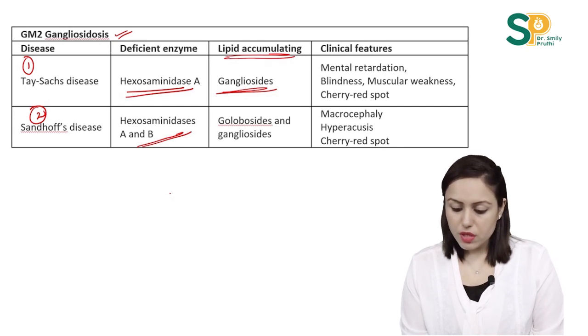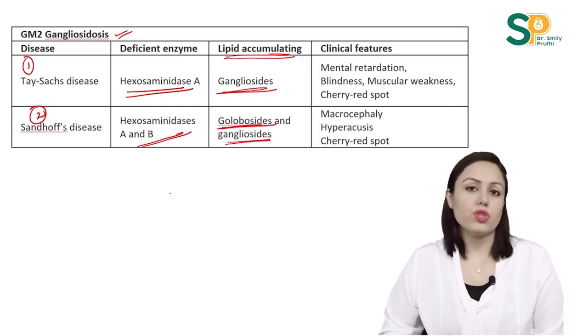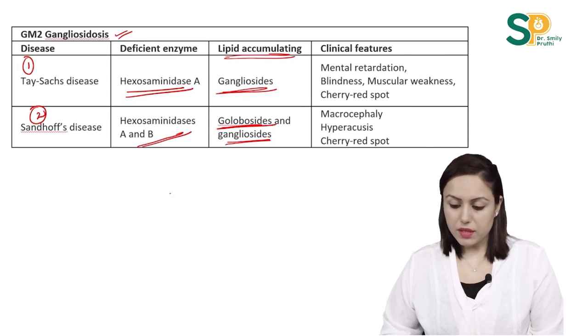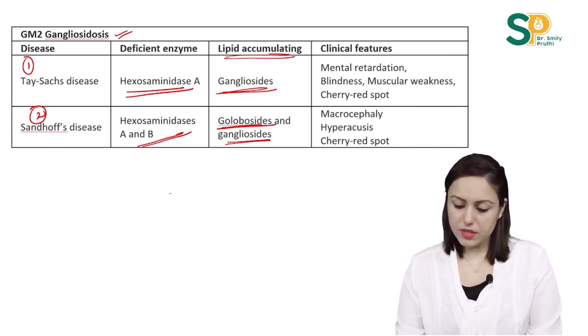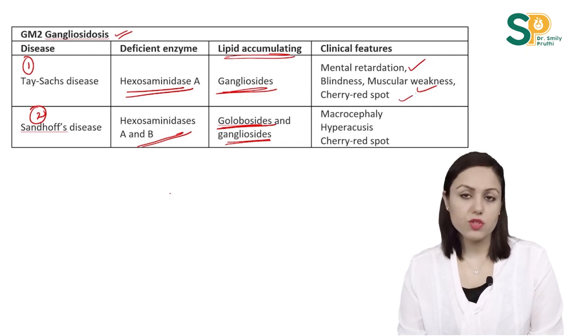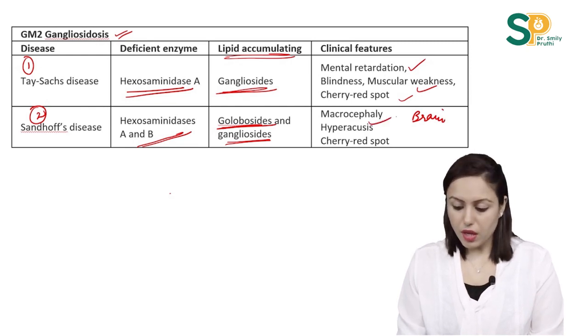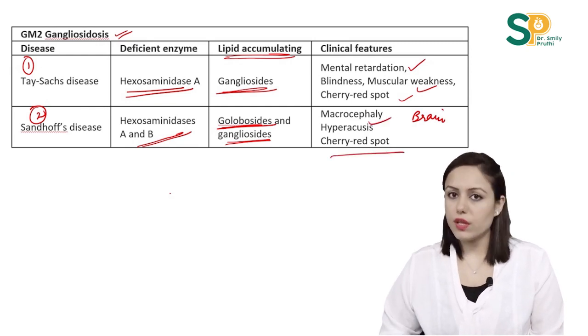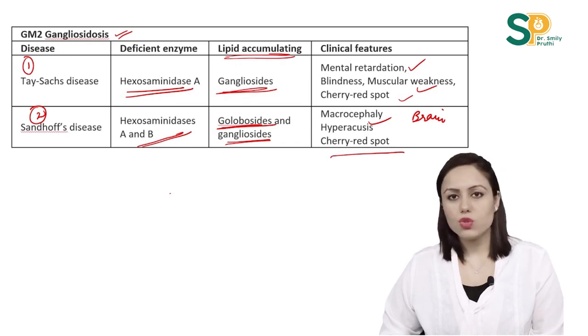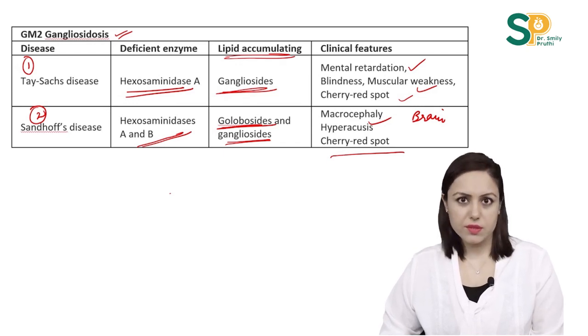In Sandhoff's, gangliosides also and globoside also. Then clinical features: in Tay-Sachs disease, mental retardation, blindness, muscular weakness and cherry red spot. In Sandhoff's disease also, the brain is affected. The patient has macrocephaly, hyperacusis and cherry red spot. So, the answer to this question is Sandhoff's disease.